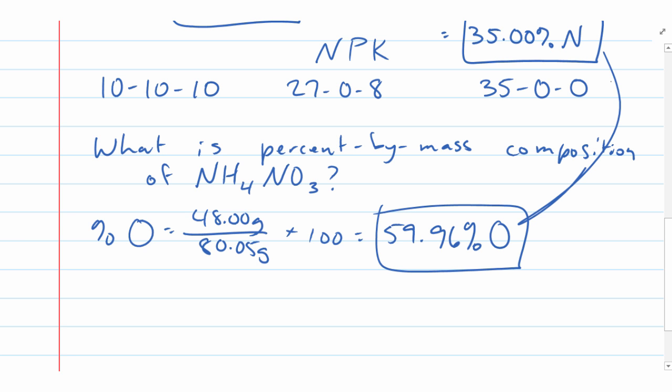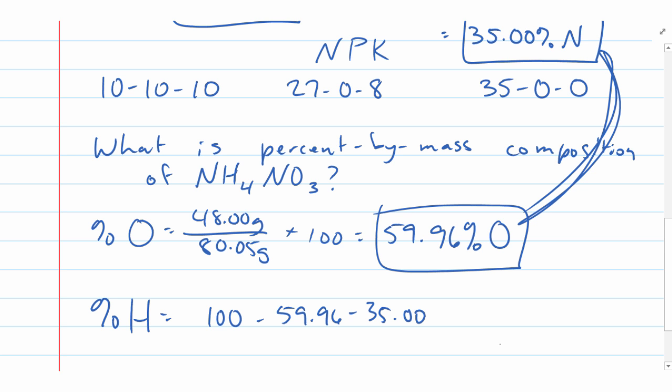So now we have these two percentages. The only element that we have left to go now is hydrogen. And we could calculate hydrogen in the same manner. Or what is another way we could calculate the percentage of hydrogen? 100%. Take 100 and then minus the two percentages. Right. We could take 100, subtract from it the 59.96 and the 35.00.